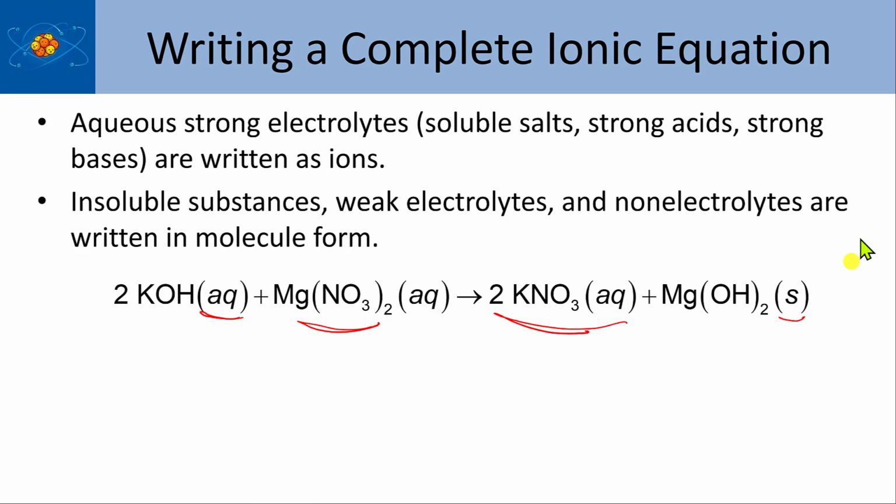And because this equation is balanced, what we should try to do when we write it is write it balanced as well. So I'll have two potassiums in that case. So two potassium ions plus two hydroxide ions.